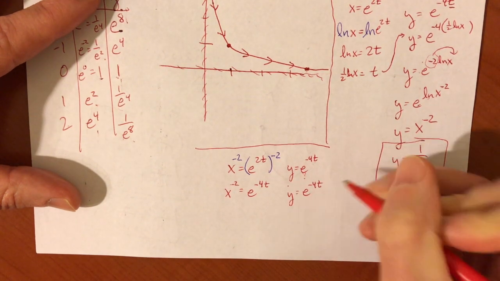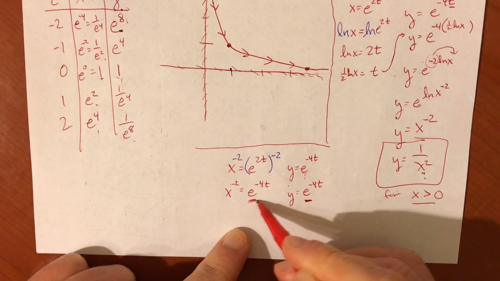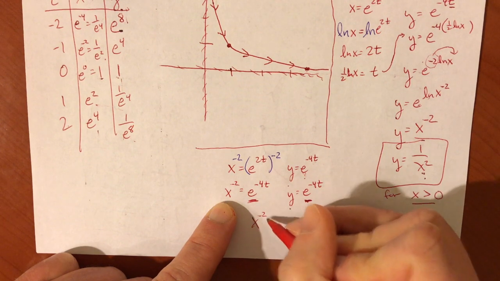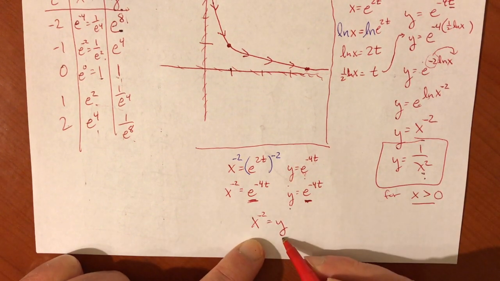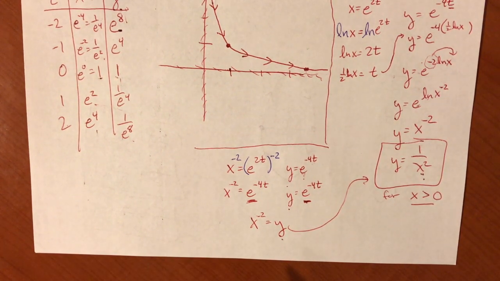And now, if they each equal e to the negative 4t, well then they must equal each other. So I can just say y equals x to the negative 2, which leads us right to here, but again, still with that domain restriction.